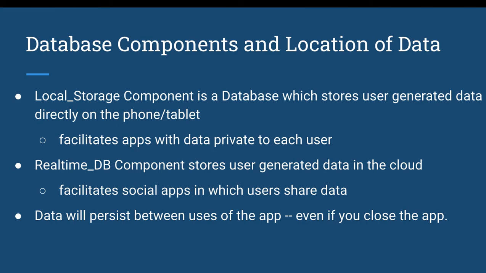With Thunkable, there are two main components that we will be using. One is very simple. It's called a local storage component. It's a database which stores the user-generated data directly on the phone or tablet. In our case, because we're often testing the apps in the browser, it's actually storing data that's connected to the app project.